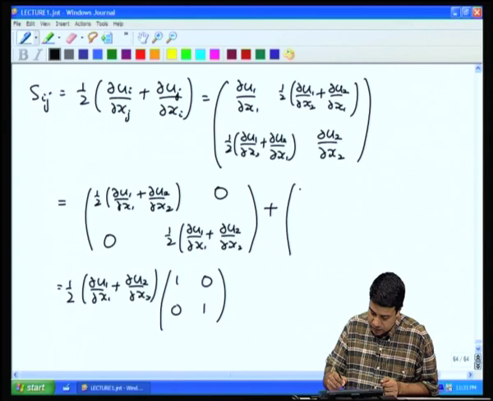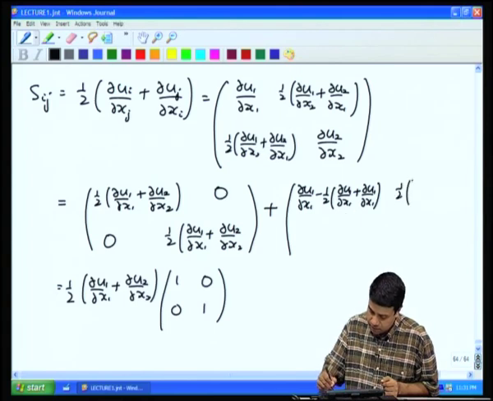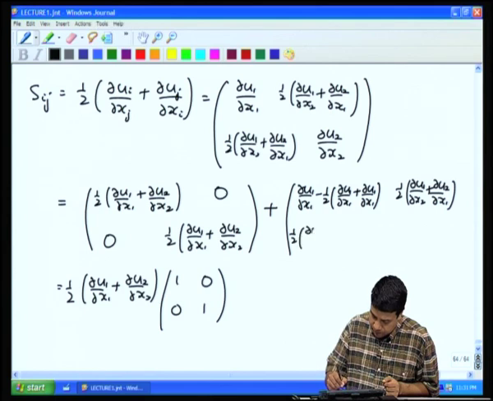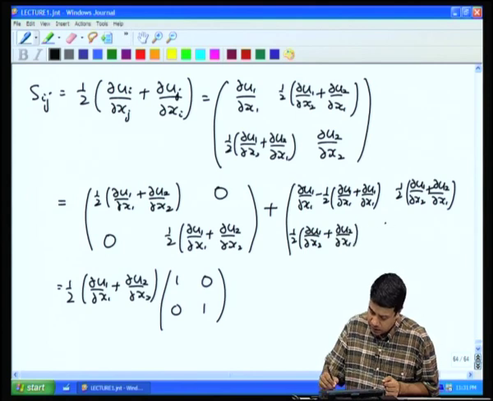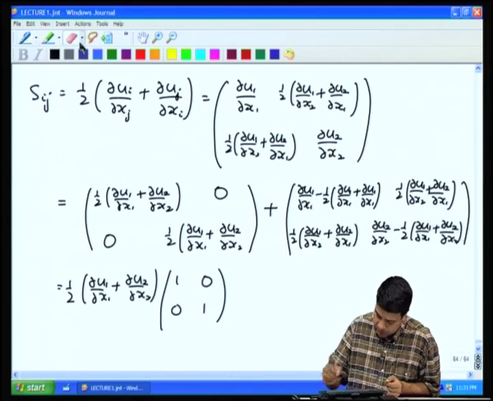So, this will be partial u 1 by partial x 1 minus half, then this partial u 2 by partial x 2, and I should have made a mistake here.